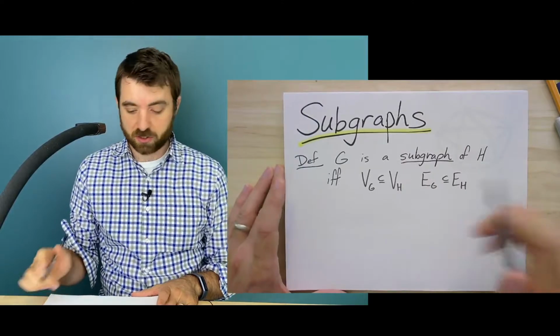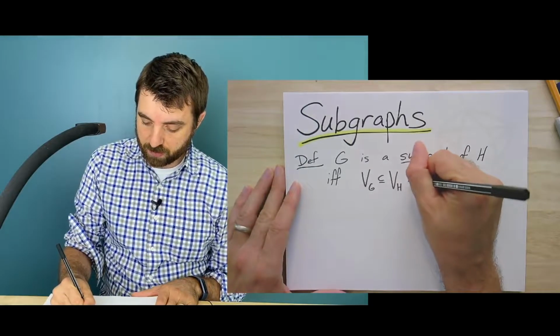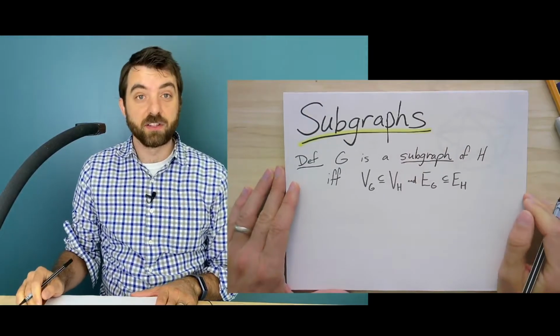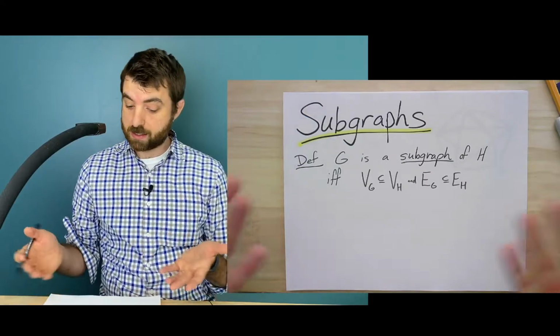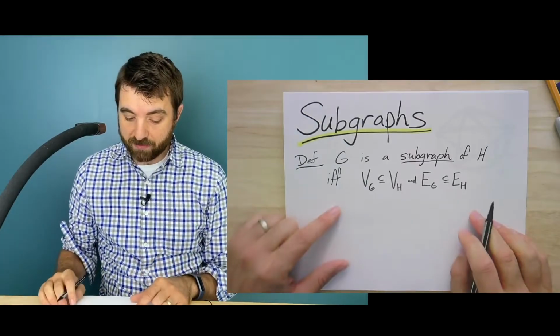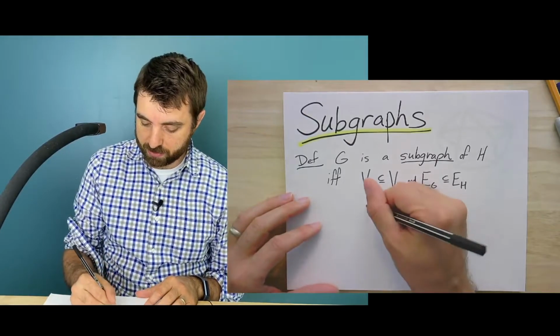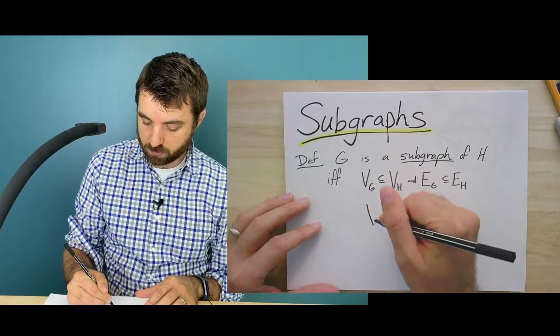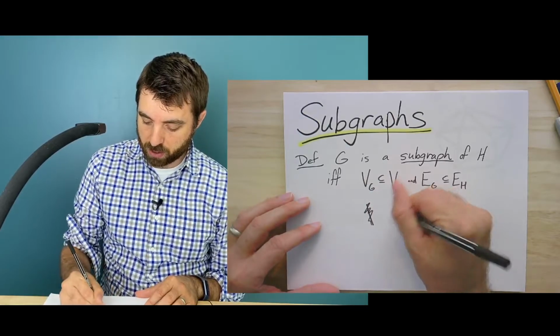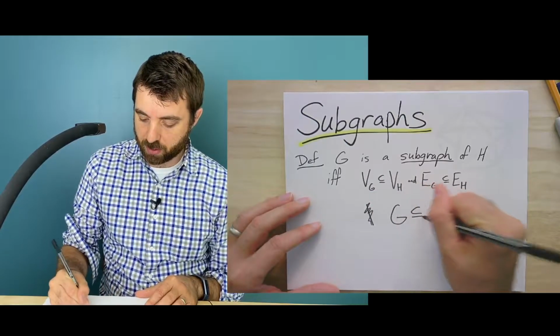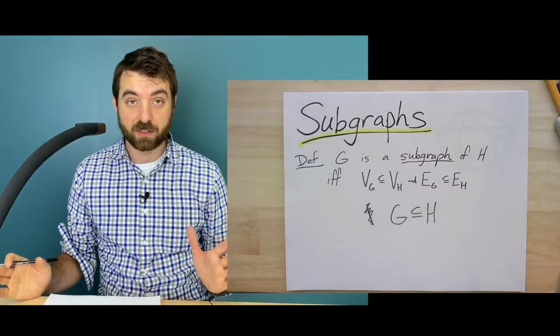Okay, these are the two conditions. All right, so pretty simple. If we have these two conditions, if G is a subgraph of H, then we are going to write G is a subgraph of H, and we'll use the same subset notation.